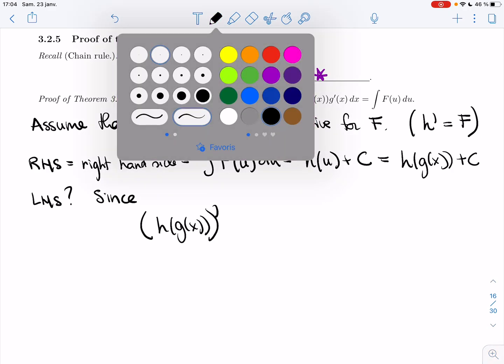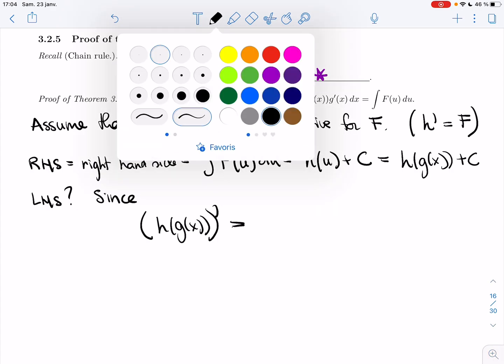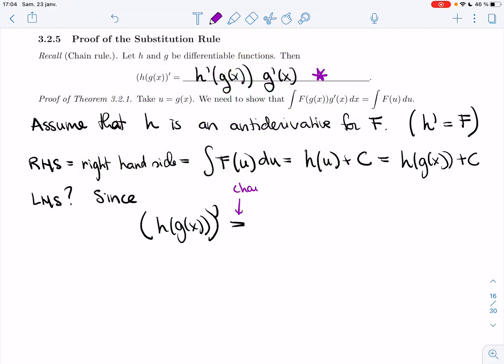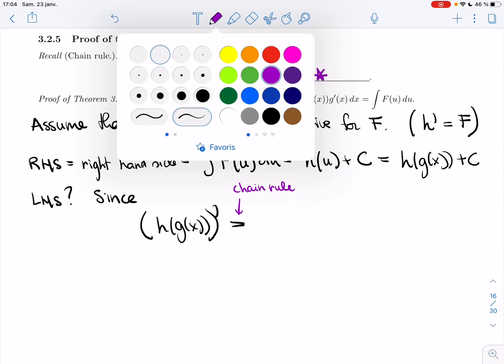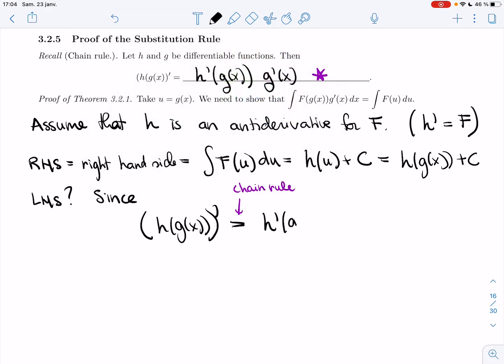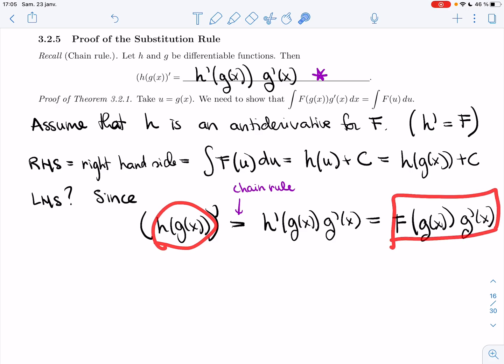So this, by the chain rule, is h prime of g of x, g prime of x, and h prime, we said by assumption, was f. That was the only thing we knew of h. So when I take the derivative of this function, I get exactly what I have in my integral.